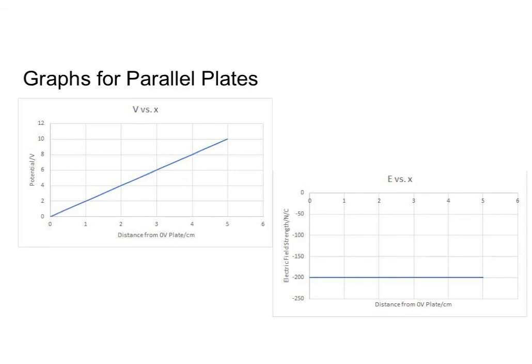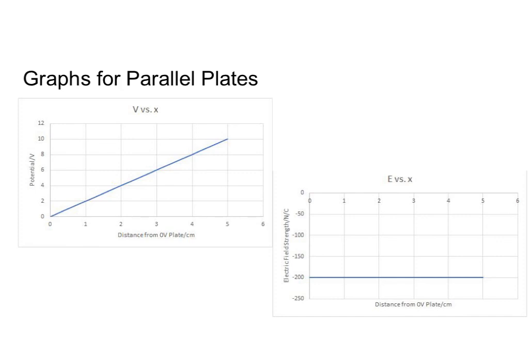So let's go ahead and talk about our takeaways for graphing parallel plates. First of all, the characteristic shapes of our two graphs. For our voltage versus distance graph, the characteristic shape is going to be a straight line with a positive slope. For our electric field versus distance graph, our characteristic shape is going to be a flat line with a negative value. Second, we can go from one graph to the other.